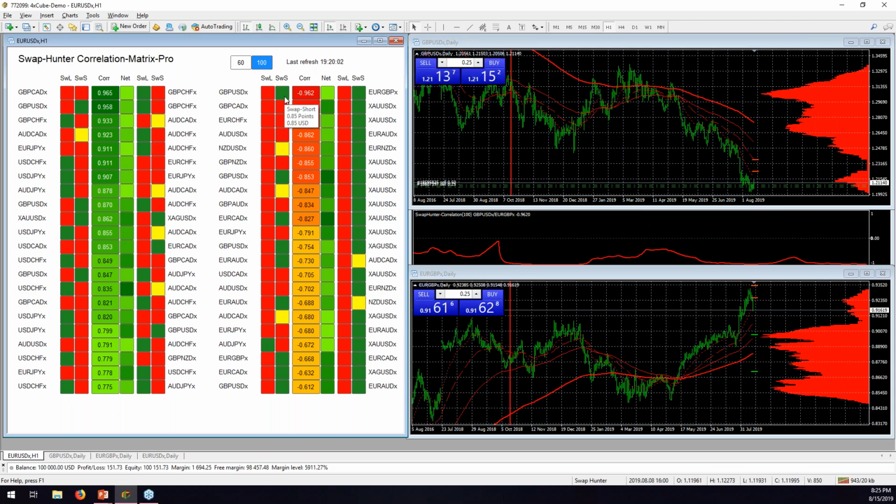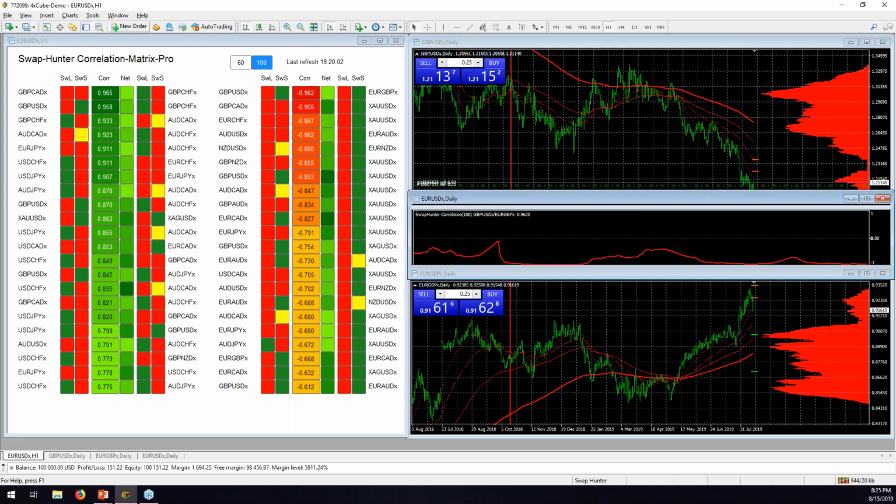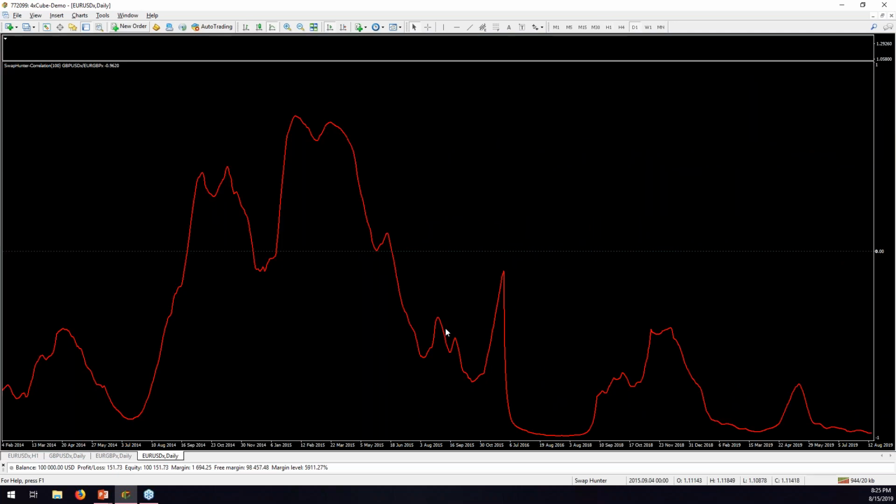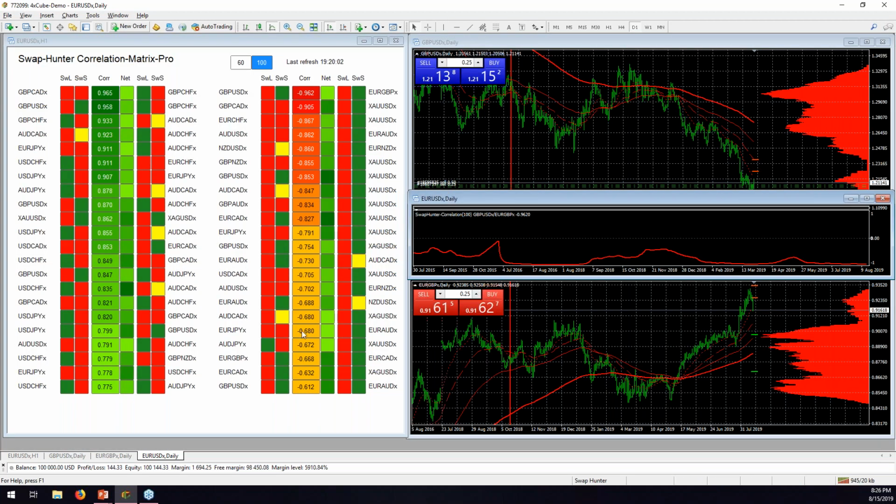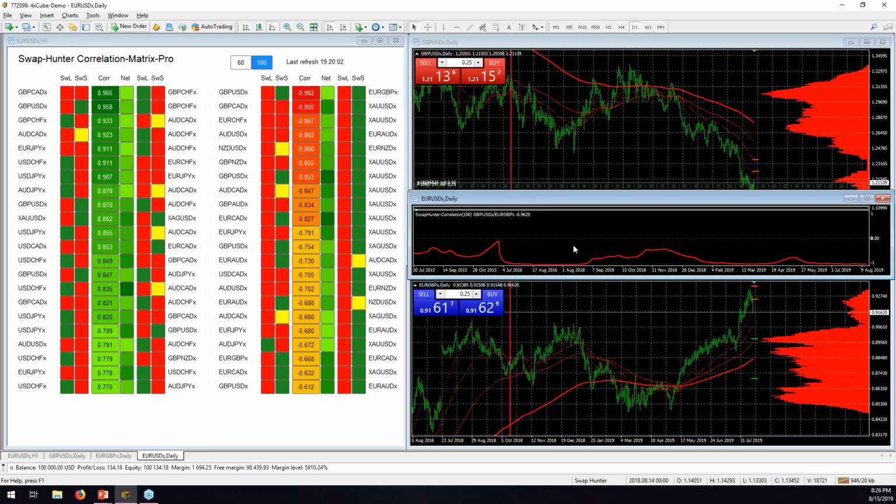Okay, so let's move on to what we call the swap hunter correlation. This is an indicator that measures 0 in the middle, +1 very, very positively correlated, -1 very, very negatively correlated, and the strength of it. That's what the correlation indicator from the swap hunter package demonstrates, shows you, and visualizes.